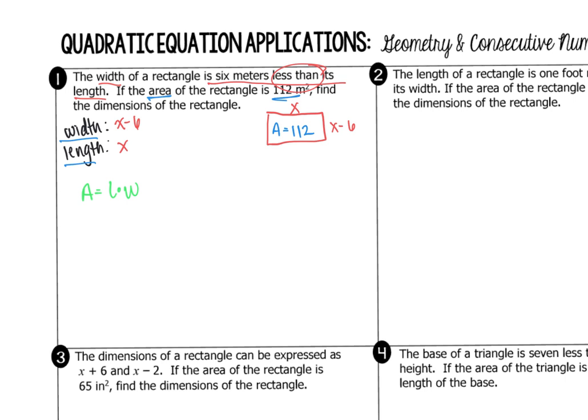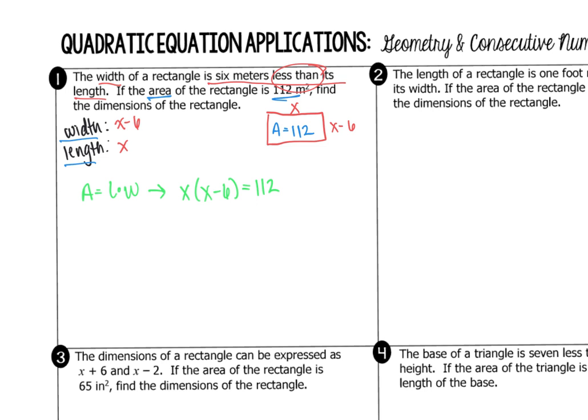We have a length of x, a width of x minus 6, and we know the area is 112. So we could rewrite this whole problem from the rectangle above as our length of x times our width of x minus 6 is equal to the area of 112.